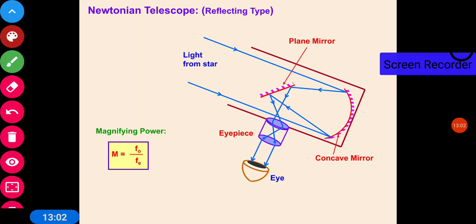And the second is that there is no chromatic aberration. In lenses there is chromatic aberration, but in the case of the concave mirror there is no such problem. So these two are the major advantages of the Newtonian telescope over the astronomical telescope, or the refracting type telescope. So that is all for today.